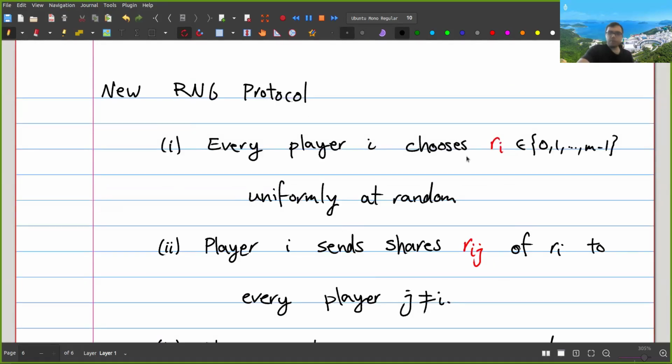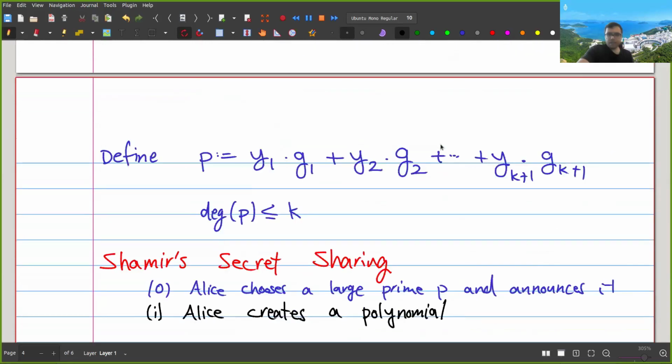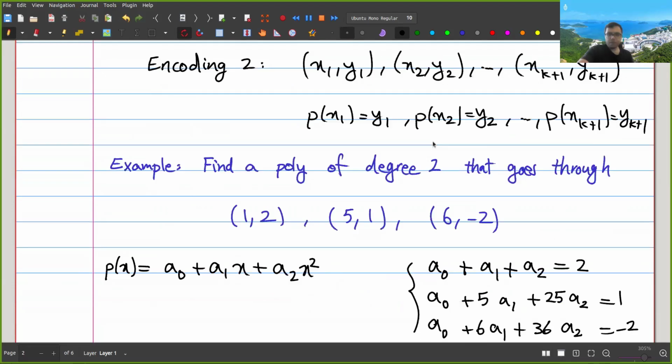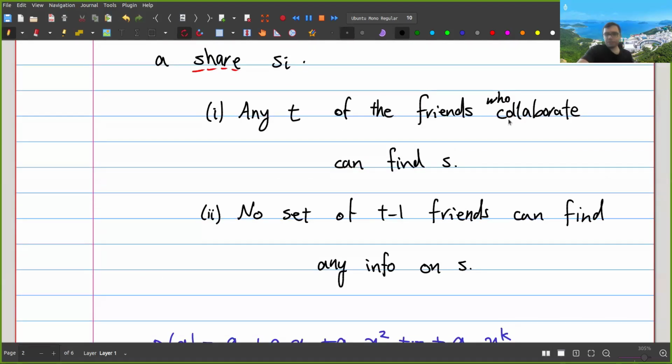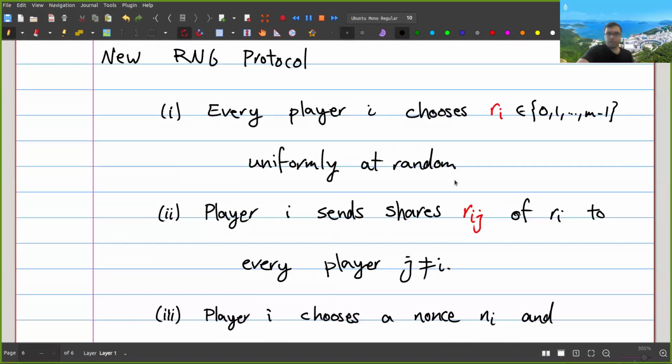But very importantly, what should be the threshold t that I use in my secret sharing? Because remember, I said that any t of the friends can find the secret, but no set of t minus 1 friends can find any information. So here's the thing.